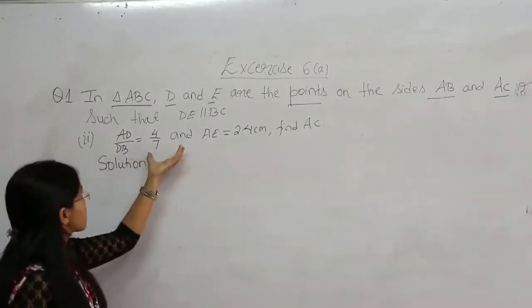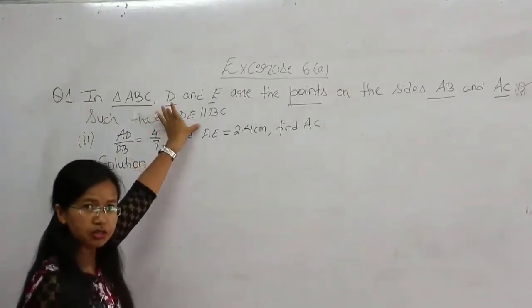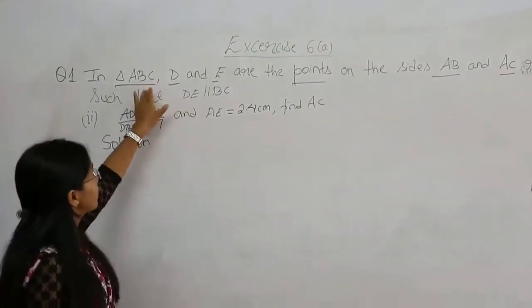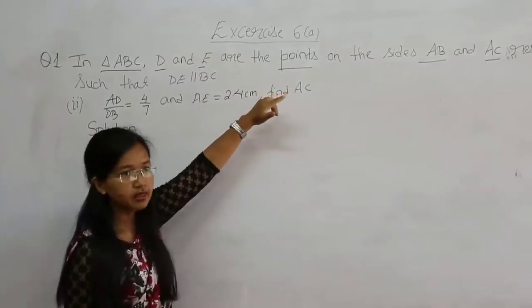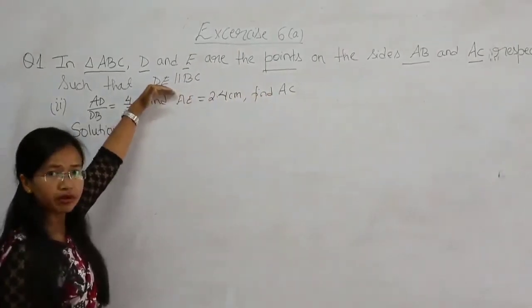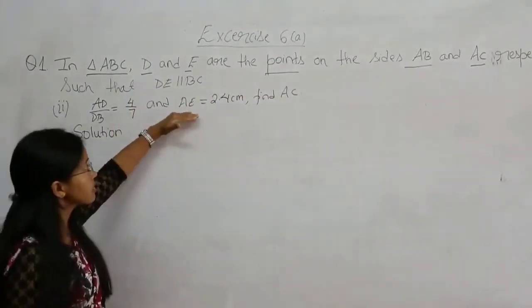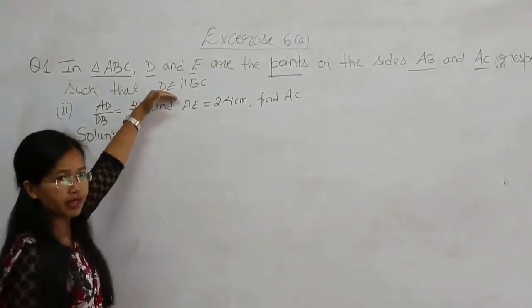So since this also falls under the same question, right? That in triangle ABC, D and E are the points on the side AB and AC, such that DE is parallel to BC. We can solve this by using Thales theorem again, right?